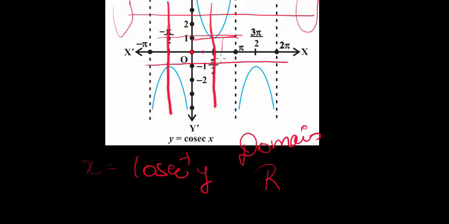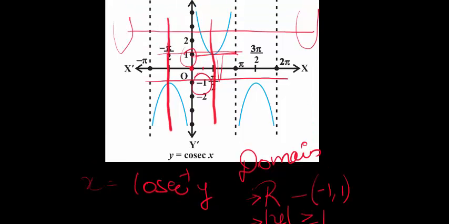And what is this? This is from -1 to 1. Look at that. -1 to 1. There's no values. The graph is not going to come in between these parallel lines except for -1 and 1. And again, here you can write modulus of y is greater than or equal to 1. Some textbooks go by this, some textbooks will go by this. But the meaning of it is the same.